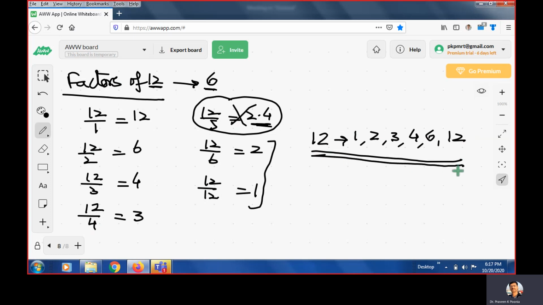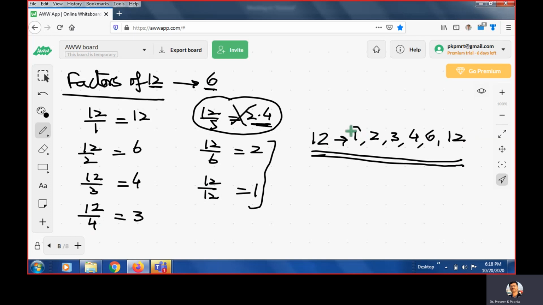Clear? Now factors are of two types: proper factor and improper factor. Like subset we have proper subset and improper subset. Similarly, factors are also proper and improper.